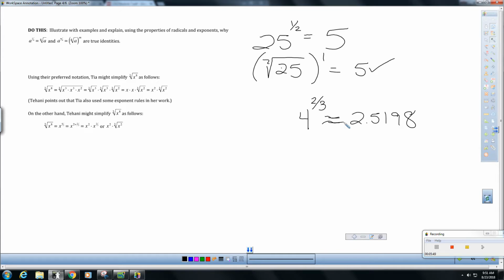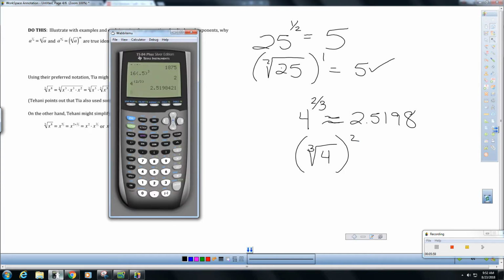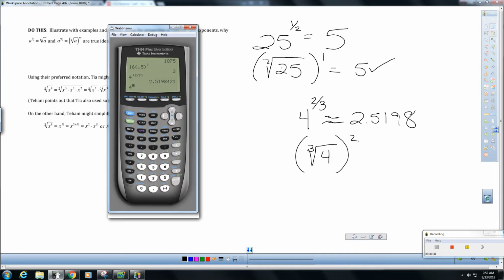Well, we also know that that is the cube root of 4 squared. Well, what's the cube root of 4? This is how you do cube roots on a graphing calculator, 4 to the 1/3 power. Now if we wanted to take that result and square it, boom, you get the exact same result.